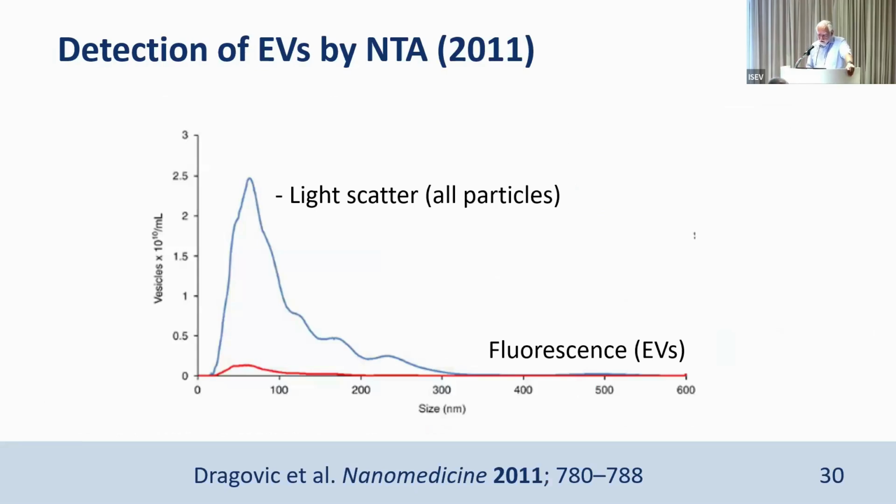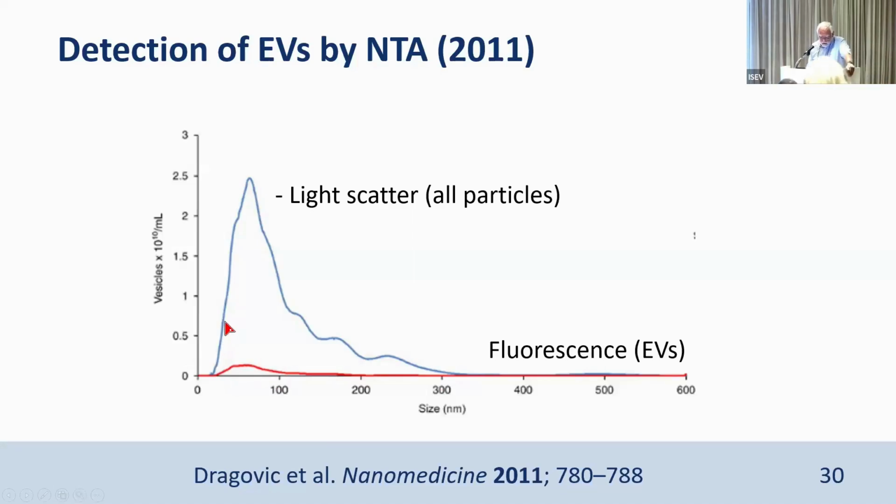Now, this is also, I think, beautifully illustrated by an old paper from Rebecca Dragovic. I think she was the first to publish data by nanoparticle tracking analysis. And what you see here is the concentration of vesicles on the y-axis. Actually, it's wrong, it should be particles. And here you have the diameter of the particles that are being measured.